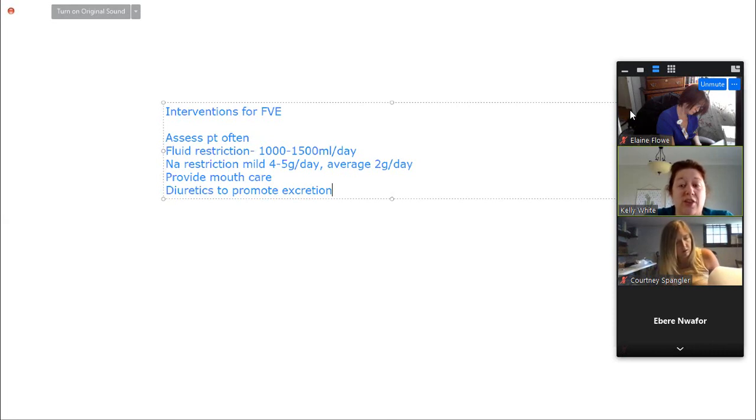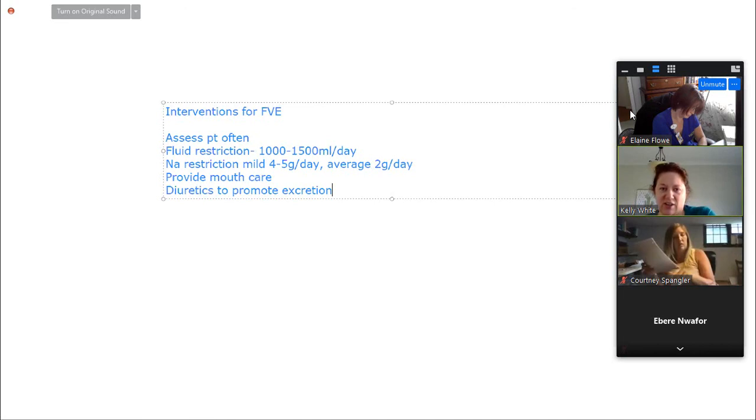Patients with renal issues, those in renal failure, don't void. They don't urinate most of the time. So you're not going to give them diuretics, because their kidneys aren't working, so they're not going to be able to excrete it anyway. So there's usually a very fine balance with renal patients.